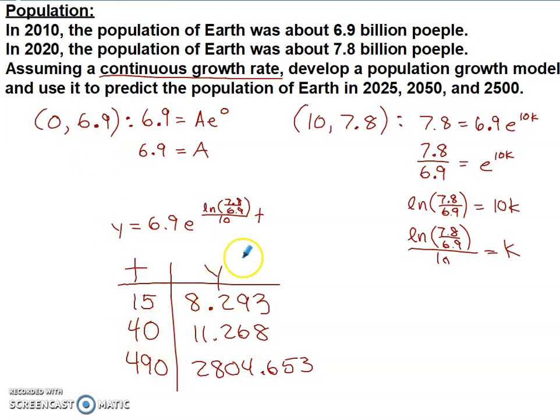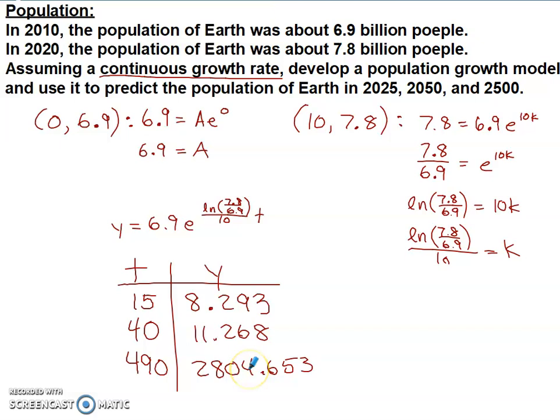Doing the same thing with 40 as we did with 15 gives me a prediction of 11.3 billion people. And then 2500, that is 490 years after the t equals 0 location. So if I put 490 in place of this t, I end up with this answer right here.